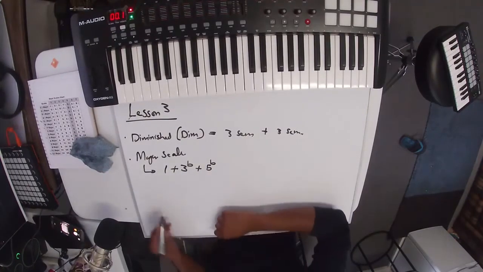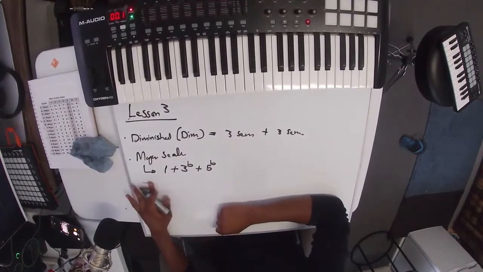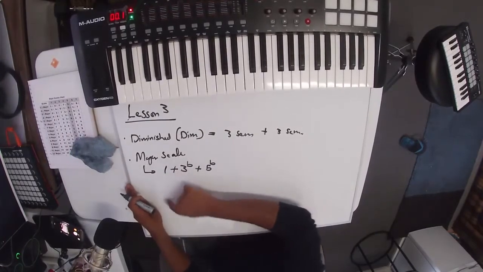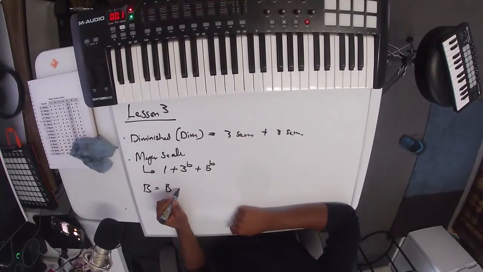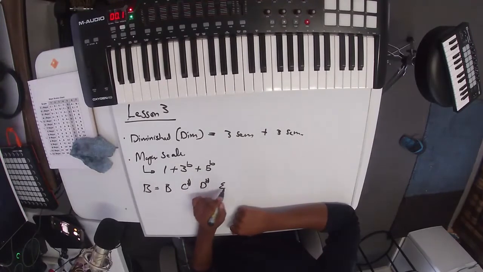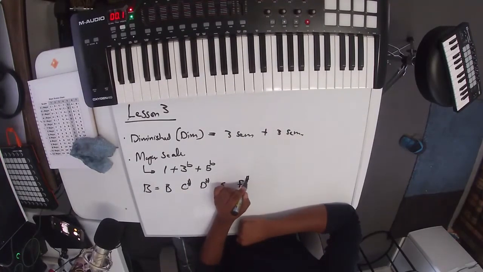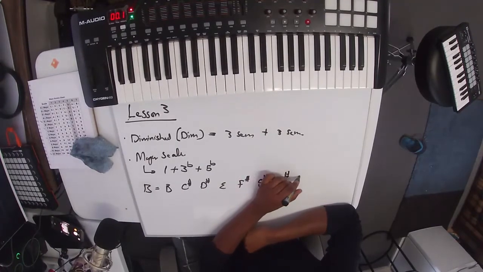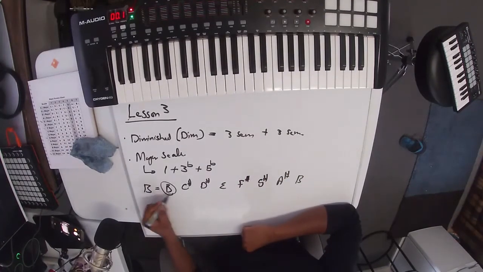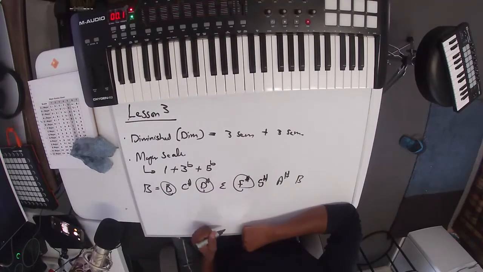Let's talk about the B major scale, since we made a B diminished just now. The B major scale has got a B, C sharp, D sharp, E, F sharp, G sharp, A sharp, B. You take the 1, the 3, the 5.